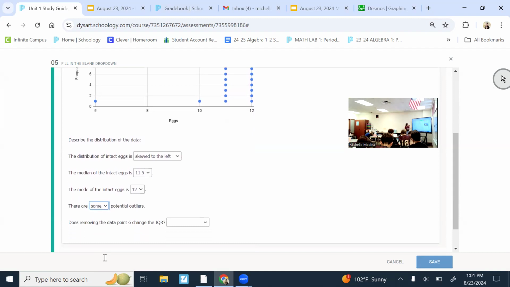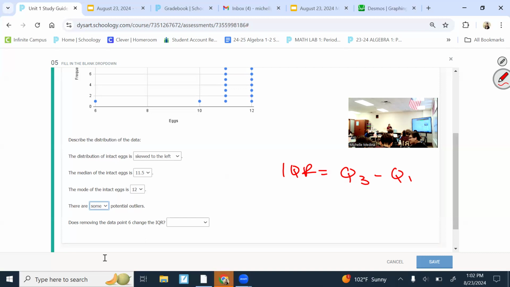Now, does removing the data point 6 change the IQR? How do you find IQR? So your IQR should never be negative. It has to always be your bigger quartile minus your lower one. Okay, so Q3 minus Q1.